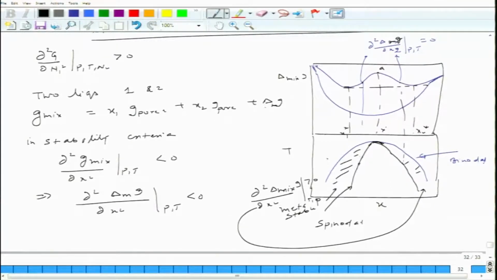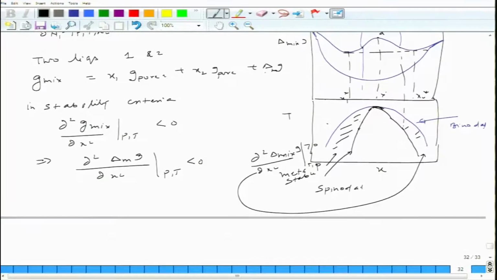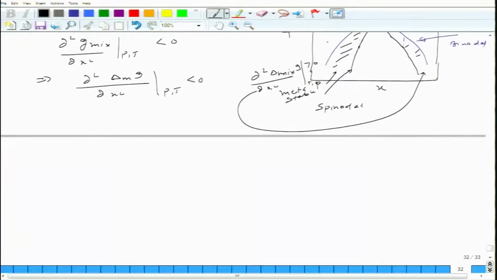This is something which comes directly from this analysis. Now let us try to introduce an excess function. Let us define G E, the excess, meaning with respect to an ideal solution.